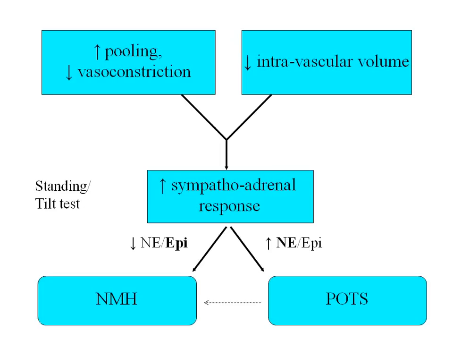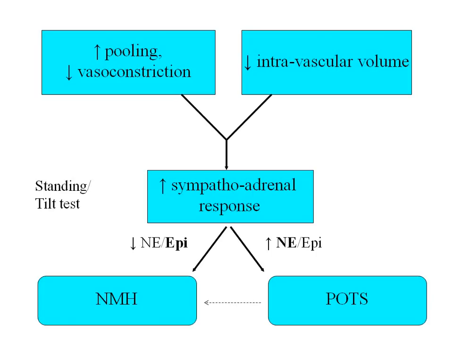This slide is meant to summarize a big volume of the scientific literature on the factors that go into causing orthostatic intolerance. So let me walk us through that. In the upper part of the panel, one of the things that's been seen is that most people with orthostatic intolerance pool more blood in their limbs for a variety of reasons, not all of which are clear.